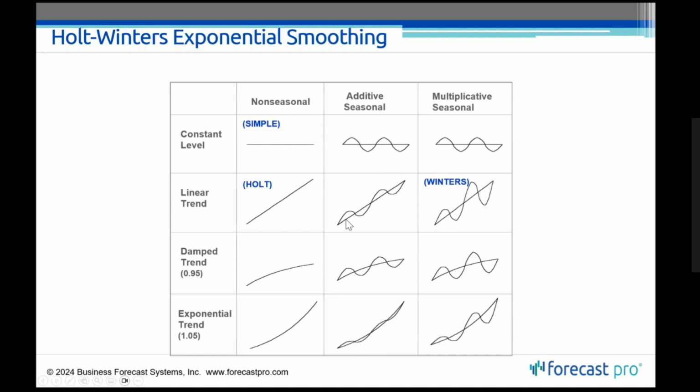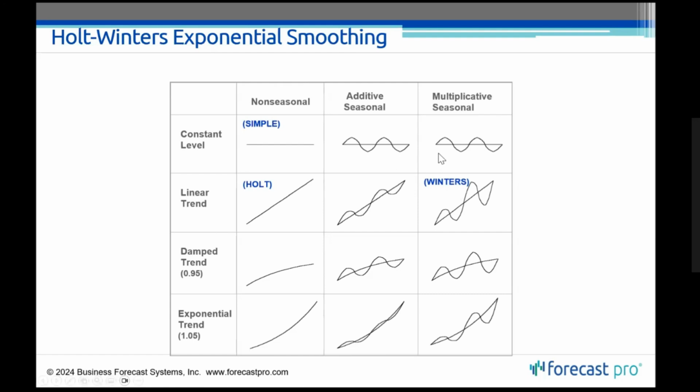Sometimes people call this additive model here an additive Winters, but the original model as proposed by Winters was a multiplicative model. So it's just useful to be aware that the simple, Holt, and Winters, those are terms that if you're reading a forecasting textbook or using software, you'll often see referenced.